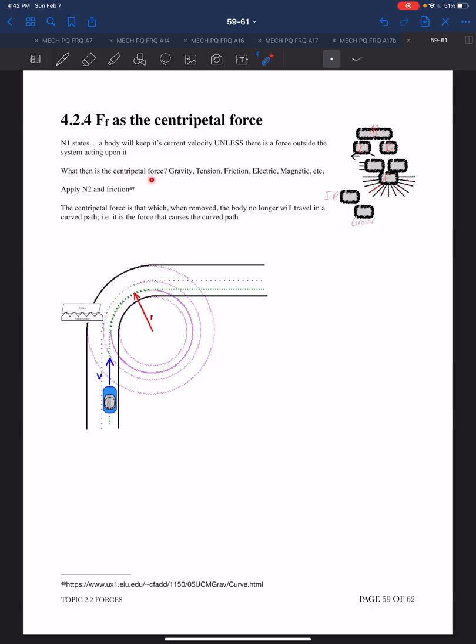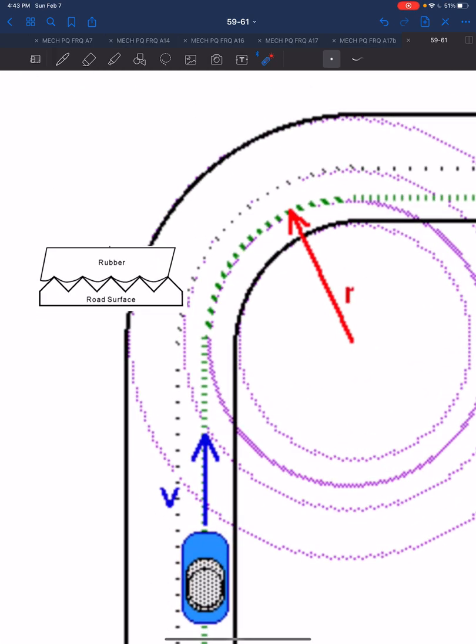So in any centripetal case, we ask, what is the force? Gravity, tension, friction, electric, magnetic. In this case, it's friction. What is that force causing it? If we look at this image I've got here, this is the blow up of a tire. And we look at the atoms in the tire and the molecules in the road like so.